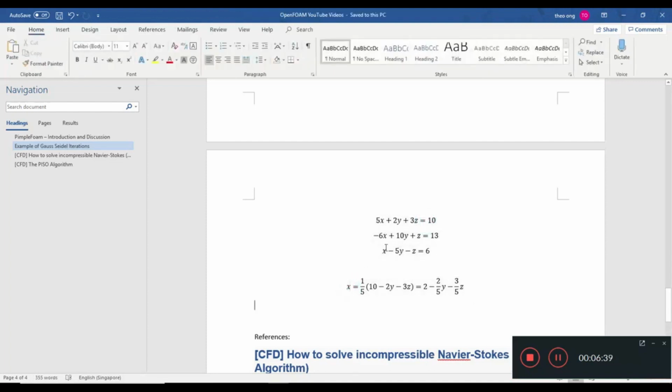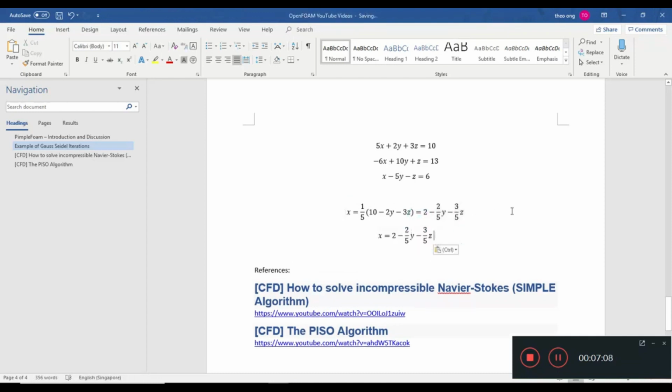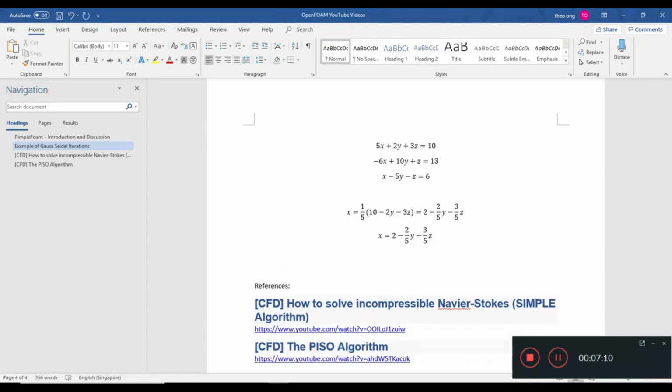If you're not familiar with the concept of diagonal dominance, I can explain it in a little while. So this is your first equation for x. The standard Gauss-Seidel is as such. We can do the same for y and z.